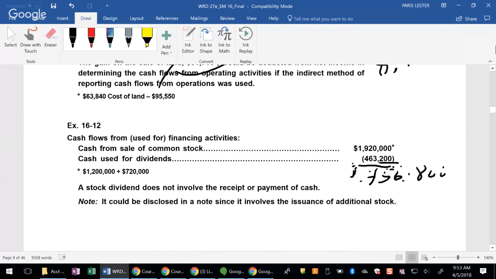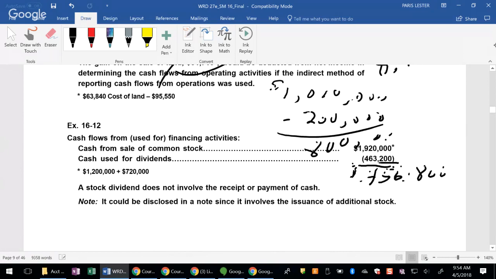Now, if you bought land for $1 million, and you paid $200,000 down, and you got a mortgage for $800,000, how much cash flow is involved? You bought land for $1 million, you paid $200,000 down, mortgage is $800,000.